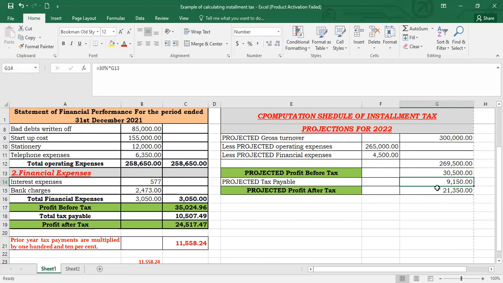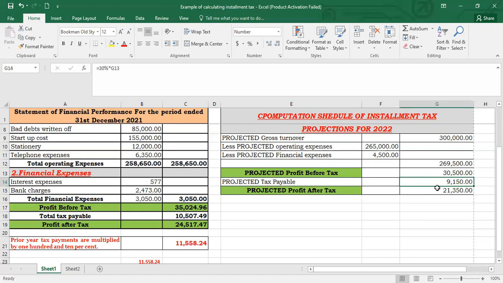So if it was a new business, or a business that has come from making losses, imeanza to make profits, we could take 9,150 peke yake. But if it is a continuing business, we said you compare the prior basis.